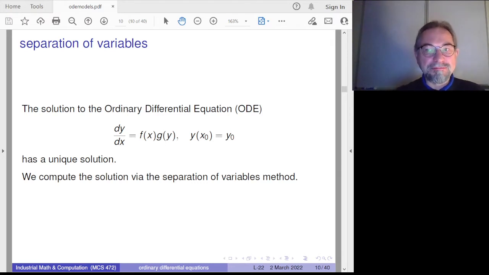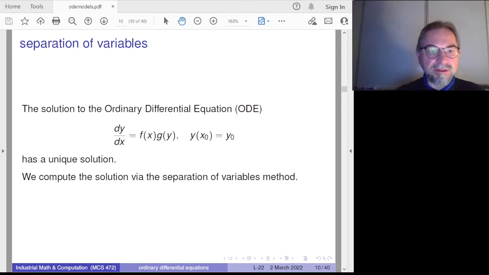One function depends on the independent variable only, so we have the f depending on x, whereas the second function, the g, depends on y. And for differential equations of this type, we can apply the separation of variables. And it is the solution.